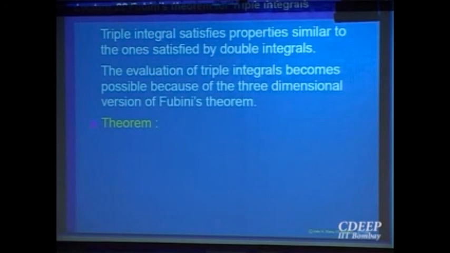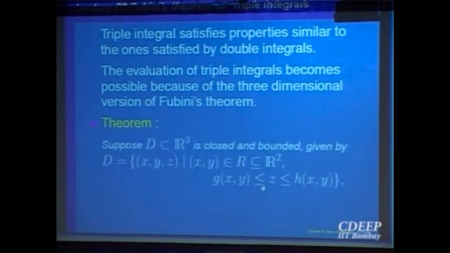And Fubini's theorem says, if your function is nice, say for example it is continuous and or integrable, then everything is okay. So let us look at this very general case in the beginning itself. Your domain looks like x, y, z. Say that x, y are in a region R in R2, right? So some region in R2. And where is z?